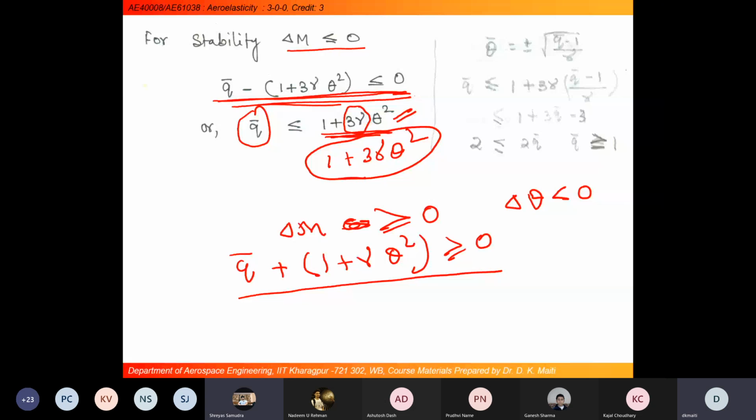So let me continue with the energy equation I was discussing. This is the potential energy, the energy stored in the elastic system, related to the elastic restoring force: k theta naught into theta square by 2 plus k theta 1 into theta to the power 4 by 4.